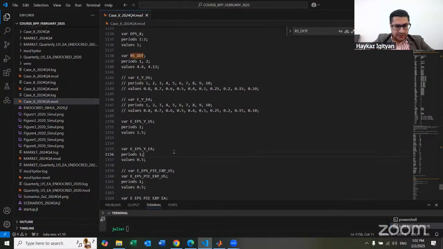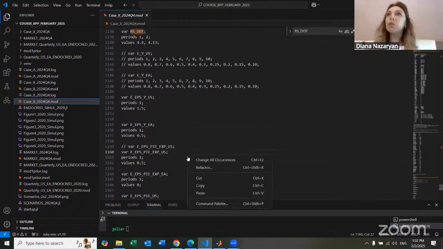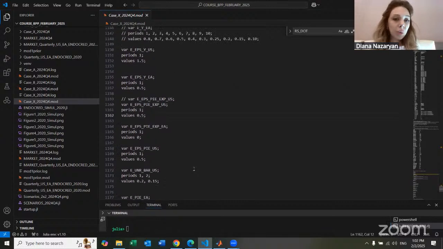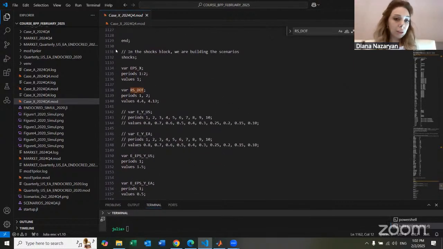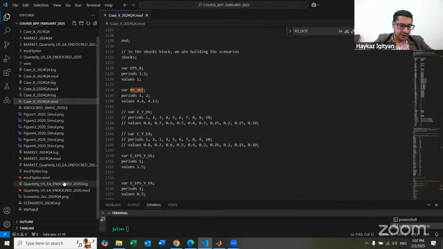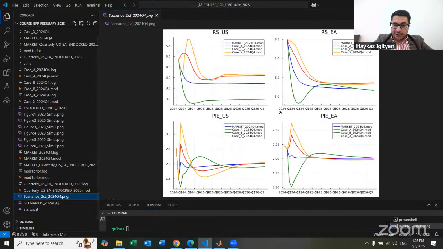Why don't they raise their policy rates like in the US? Because, Diana, they followed the rule. They followed the Taylor rule, their reaction function. They just follow the loss function rule.